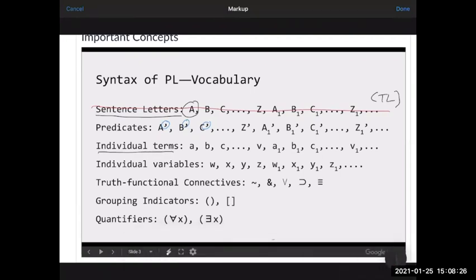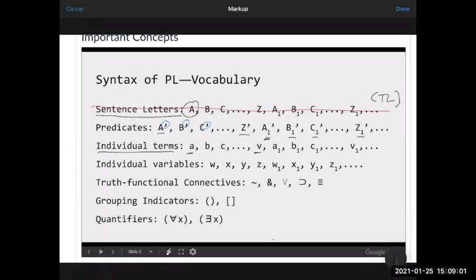Individual terms is next. Now these are all lowercase letters. Now notice for predicate letters, you're allowed to go from A through Z. And if you run out, you can start using subscripts. But that won't happen in this class. But for individual terms, you can only go from A through V. Now, there's a reason for that, and we'll talk about that in a second.